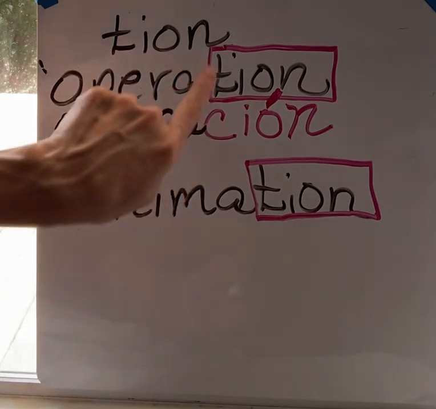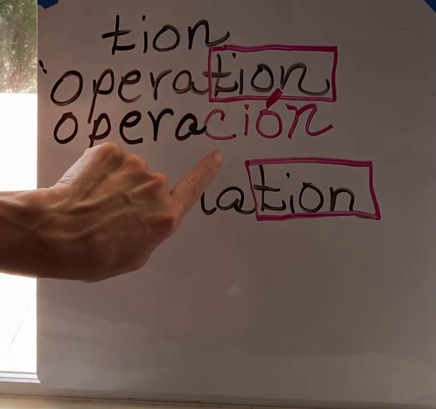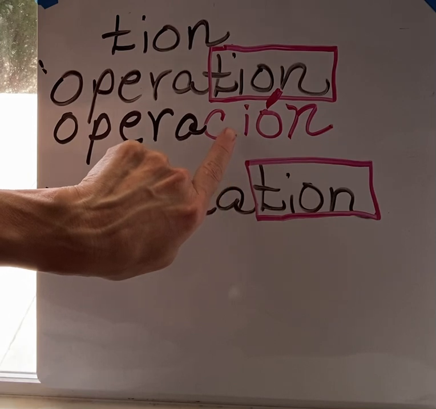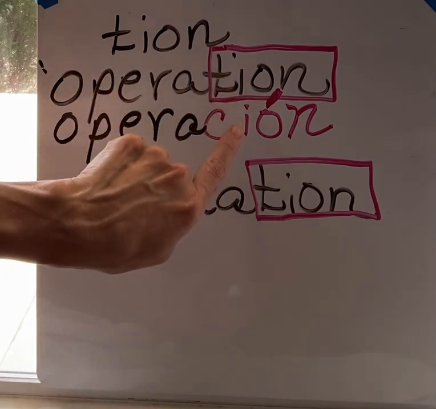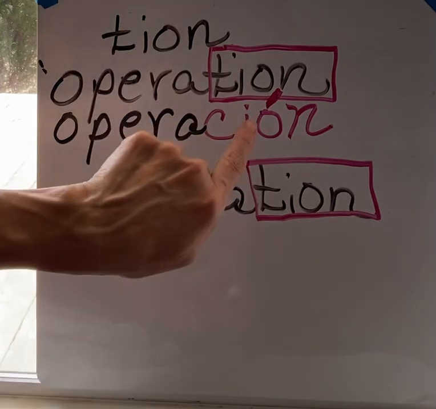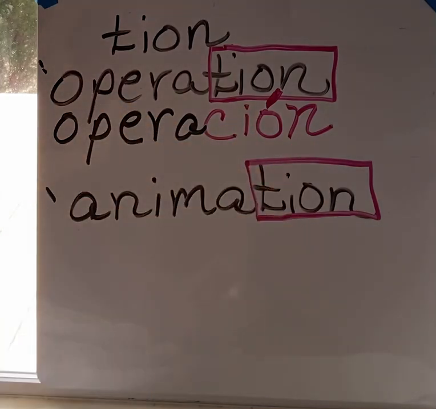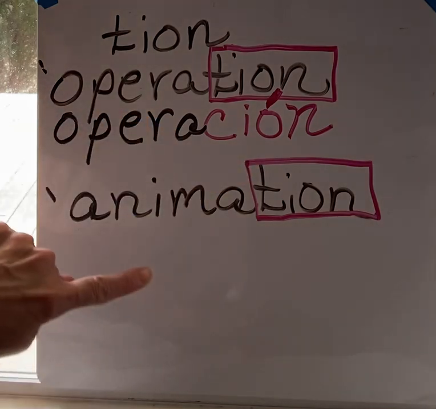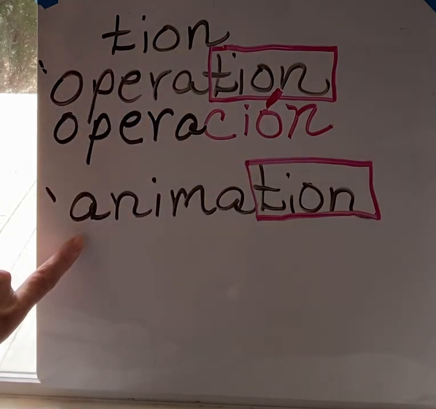Just by switching letters, your T became a C, then you left the letter I alone, and then the O, you left it alone, but you added that tilde on top of it, and then you continued with your N, operación.